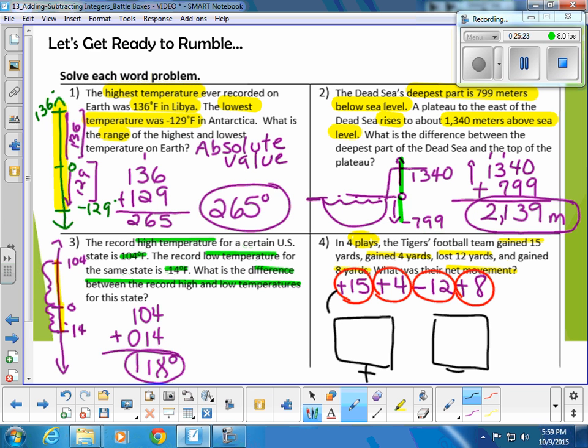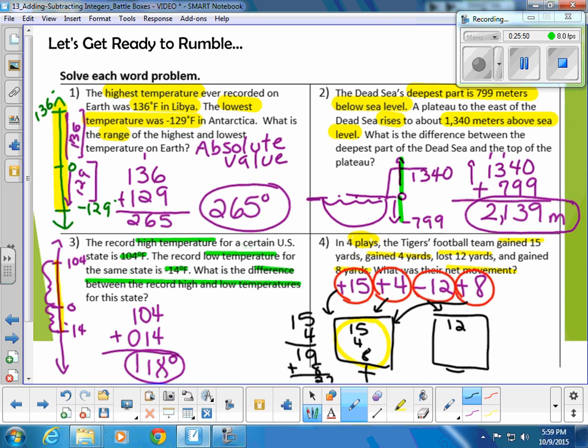We have positive 15, positive 4, negative 12, and positive 8. So we've got lots of numbers in this positive box, so let's add them all together. 15 plus 4 gives me 19, plus 8 gives me 27. And I have this lowly little 12.